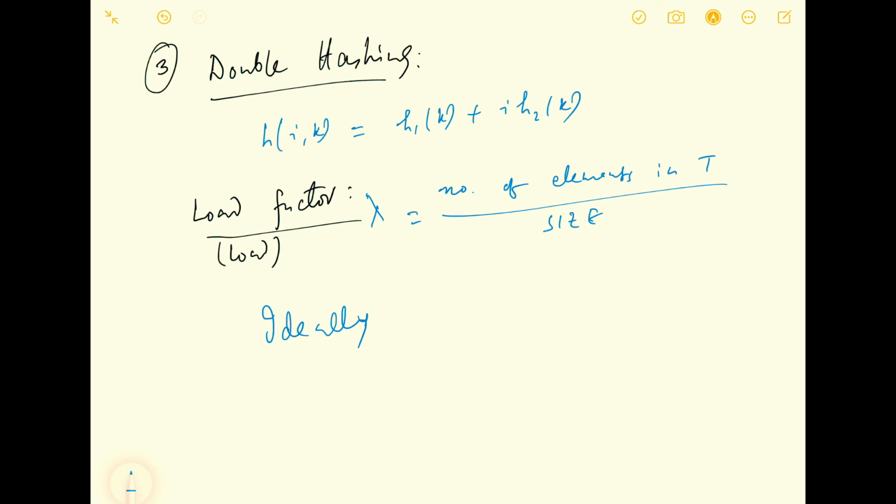It does not matter, the performance will be much worse. And the thumb rule is that ideally this lambda should be less than half. If lambda is less than half, that means that if you are using quadratic probing, you will find empty space and so on.